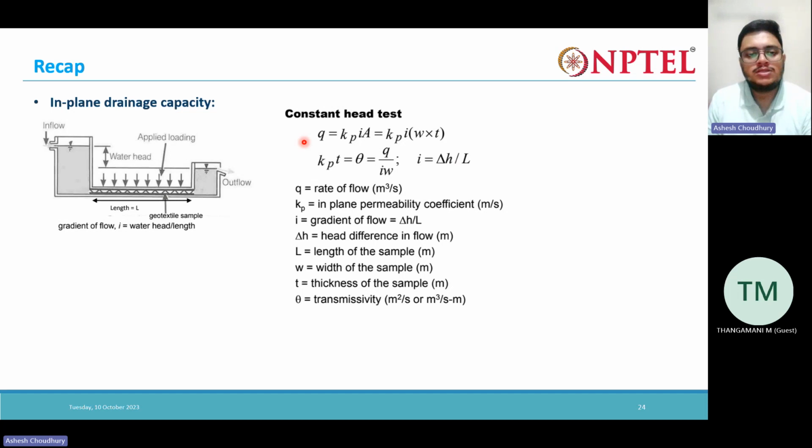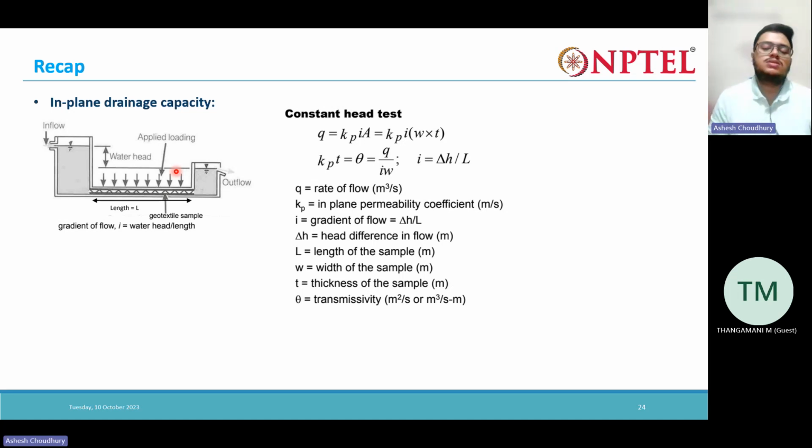There are many ways to calculate transmissivity. One is the constant head test. One more important thing we should note is that this theta will reduce if the thickness reduces. If the loading is high, say the normal load on the geotextile is high, the thickness is going to reduce, and if the thickness reduces, obviously theta is also going to reduce.